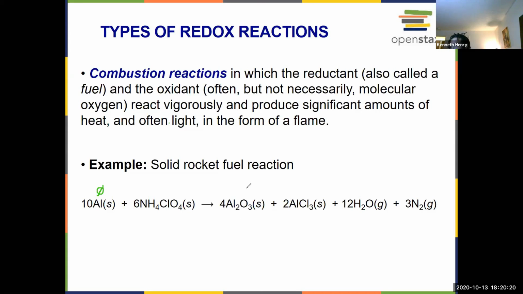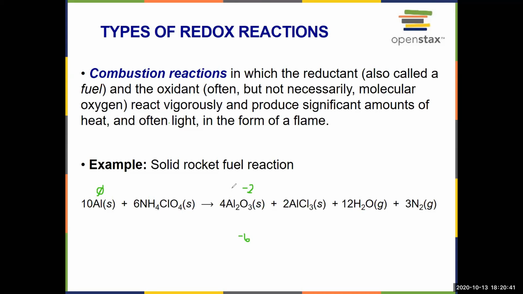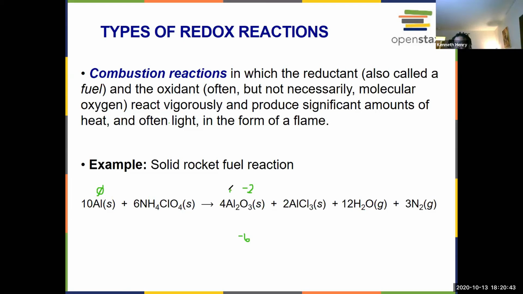What is the oxidation number for oxygen? -2, and we have 3 of them, so that's a total of -6. So then what must be the oxidation number for the aluminum? +3. Each aluminum is +3. That's right.